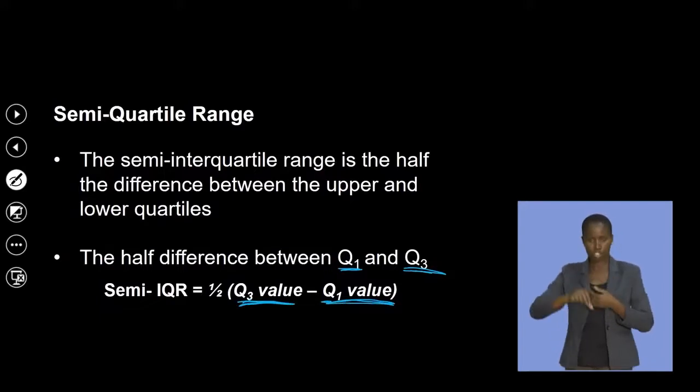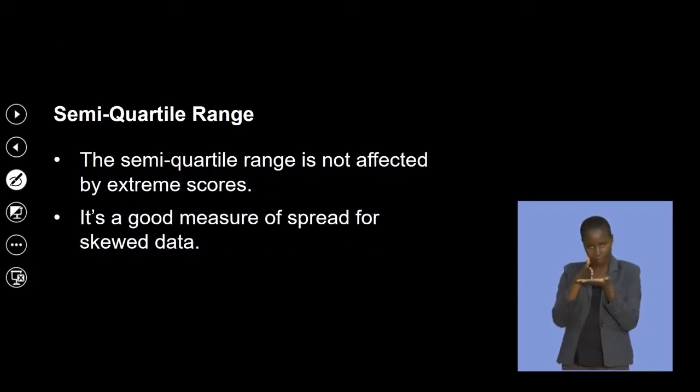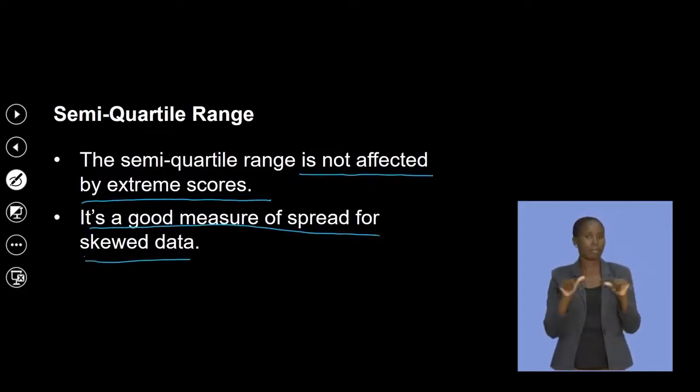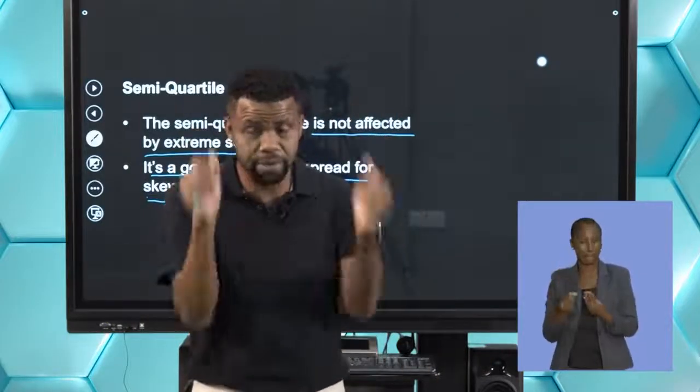Semi means half, and interquartile we know is Q3 minus Q1. The semi-interquartile range is also not affected by extreme values. It is a good measure of spread for skewed data, skewed to the left or skewed to the right.